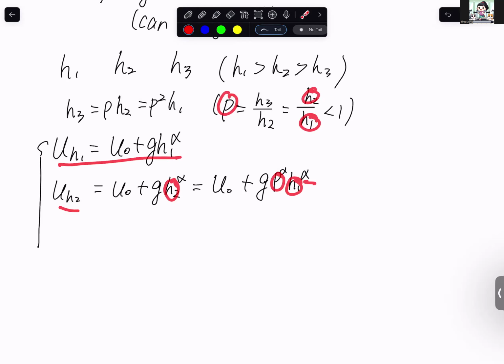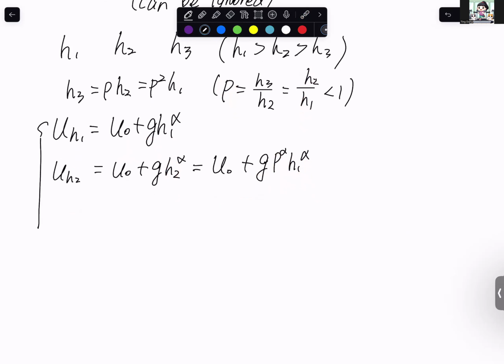Now you compare these equations, and both convert to H1 here. And similarly for H3, we have H3 to the power of alpha.